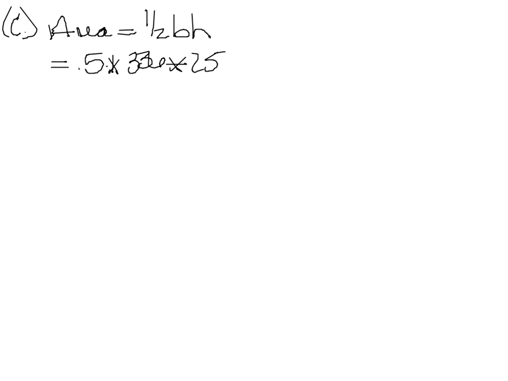So the area of our triangle is equal to 1/2 times the base times the height of the triangle, is equal to 0.5 times 336 times 252, and that's going to equal 42,336 square feet.